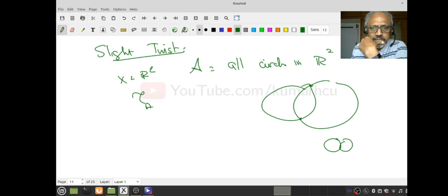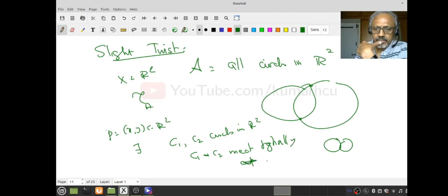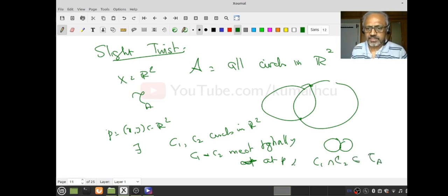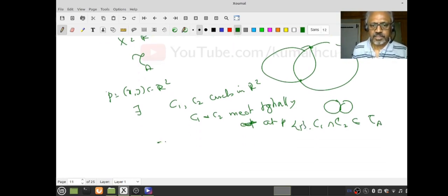Therefore, give me any point (x, y) in R2, call it a point P. Then there always exist two circles C1 and C2 that meet tangentially at P. Therefore, C1 intersection C2 must be in tau A, but that is the singleton P. Therefore, what is the conclusion? Tau A is the discrete topology.